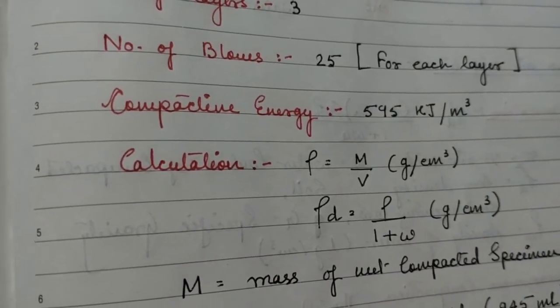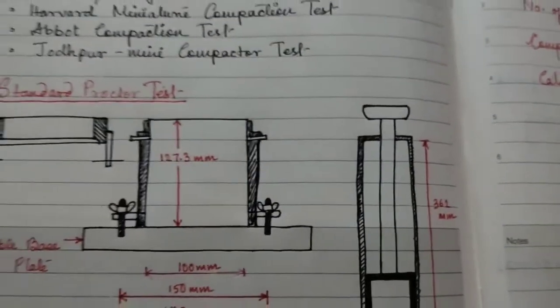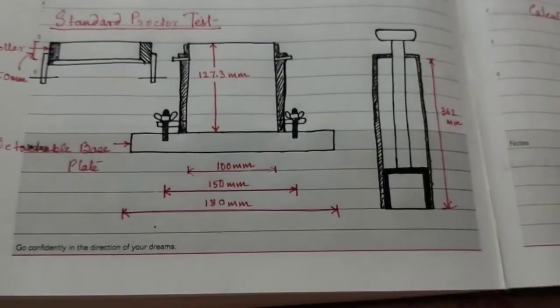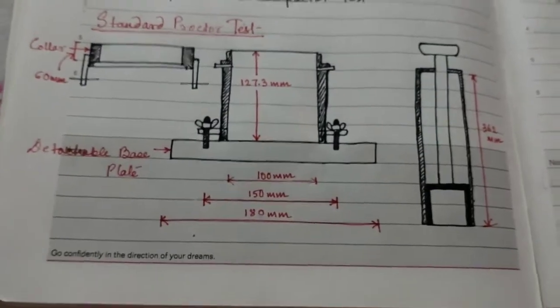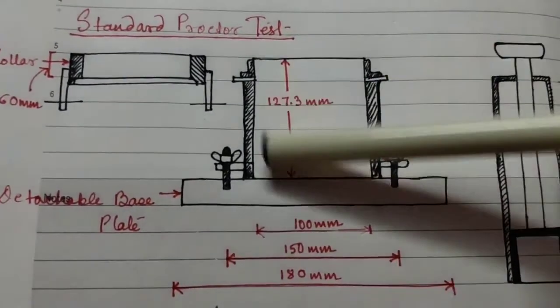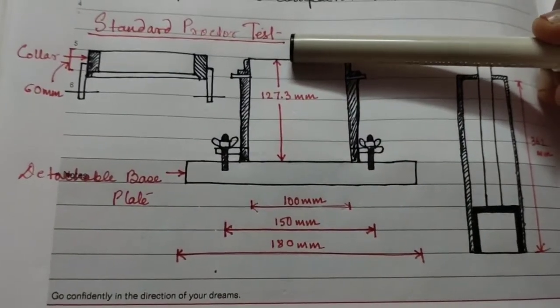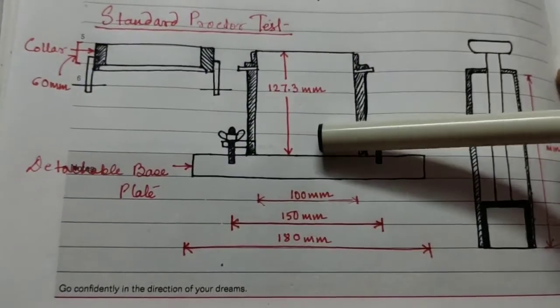So let us go through the test equipments. What I have described in the test equipment, that is the cylindrical metallic mold. So this is the cylindrical mold in which the soils are compacted in 3 layers.